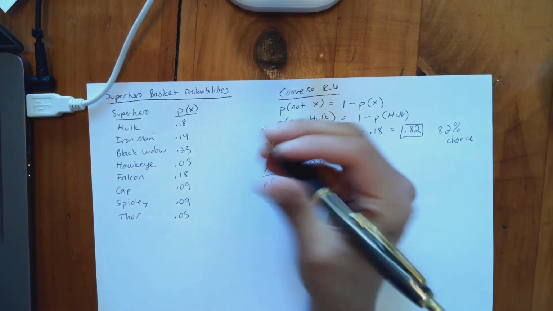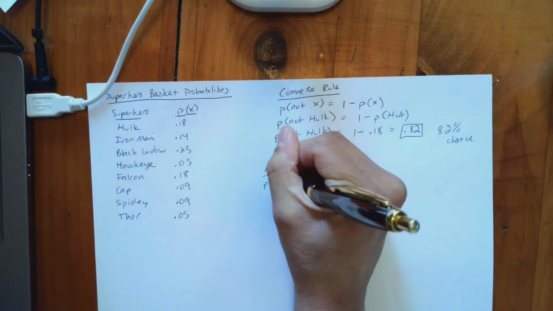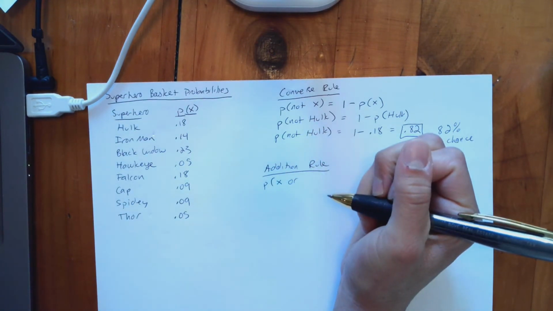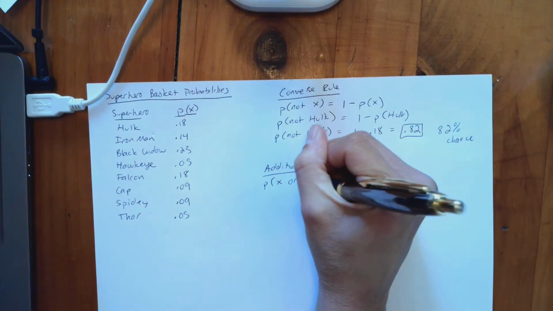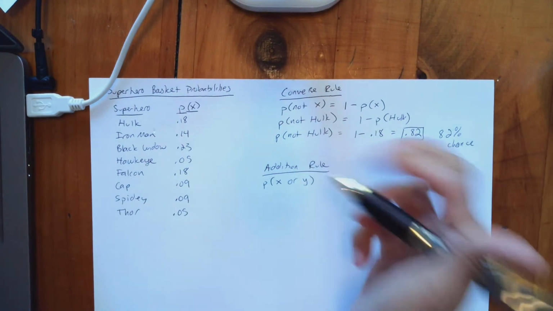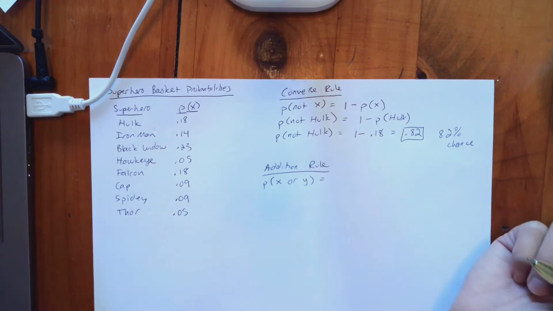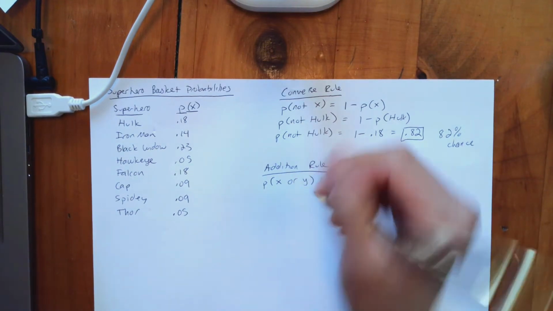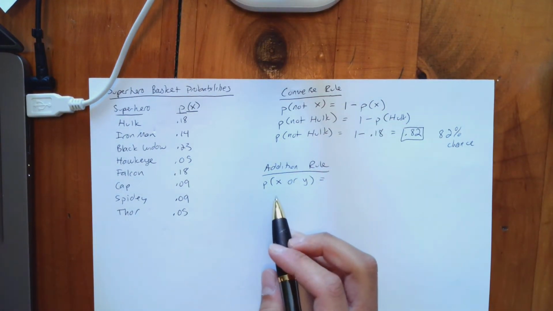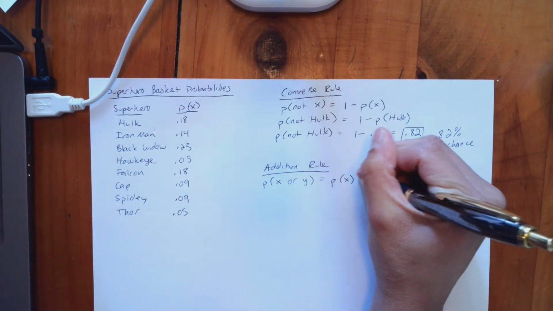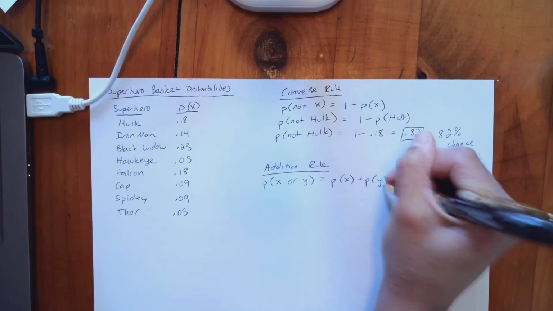I'll say the probability of x or y, just to keep this consistent in terms of lettering, and we're going to get that by adding together the probabilities for our two different outcomes. So the probability of getting x or y as an outcome is equal to the probability of x plus the probability of y.